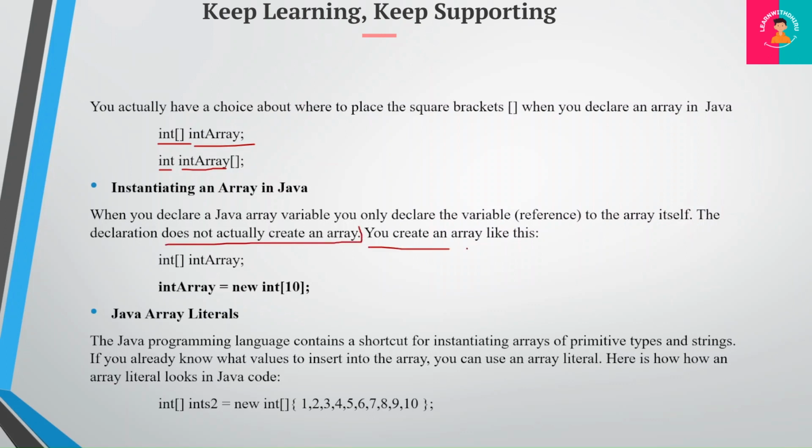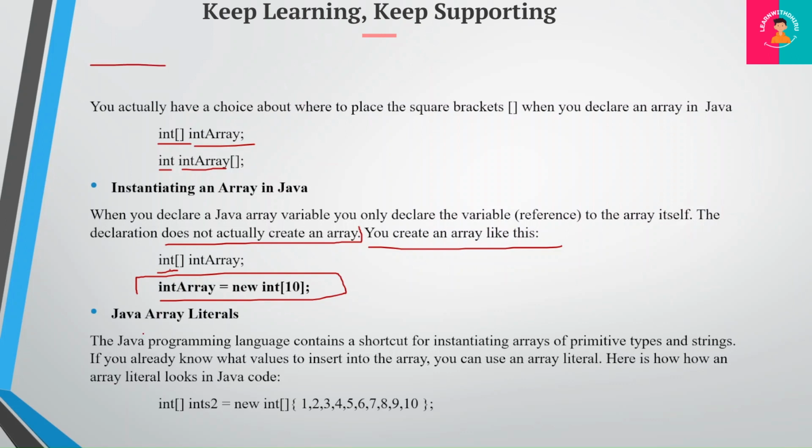You have to create it like this: int array, our data type int array, my variable name. I have declared it correctly, but I have to give the size. For this I want 10 locations where I can store my data. So this is the correct way.